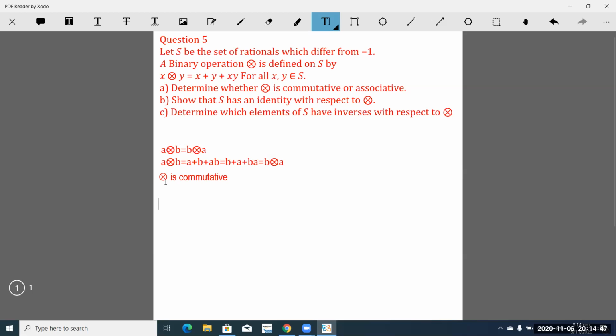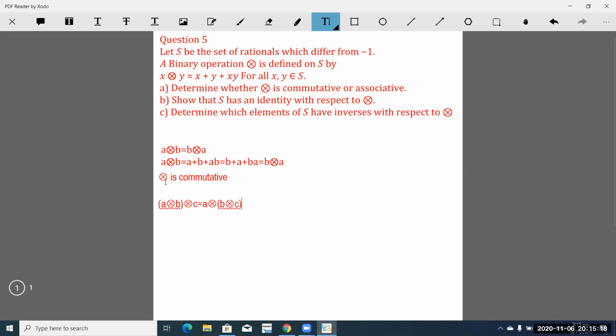It'd be (A circle X B) circle X C is equal to A circle X (B circle X C).